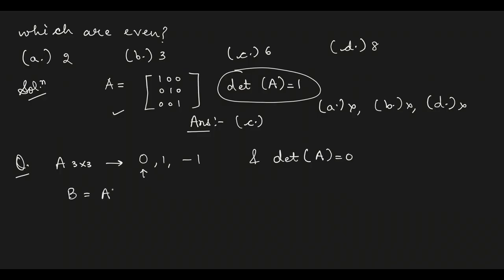B matrix is A to the power 100 plus identity. Then find the determinant of B. It's 4.